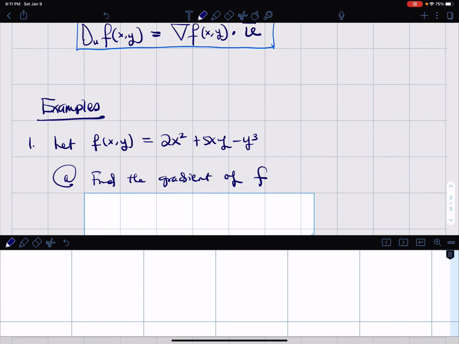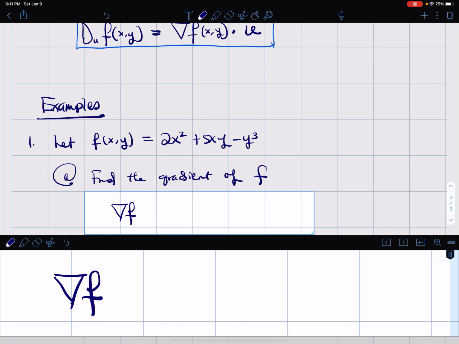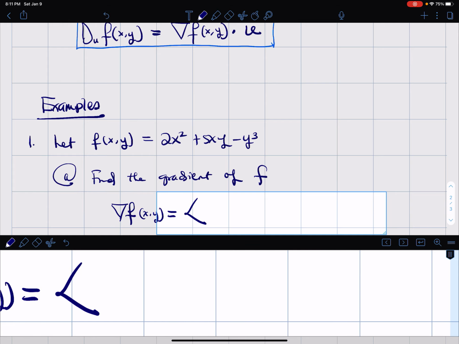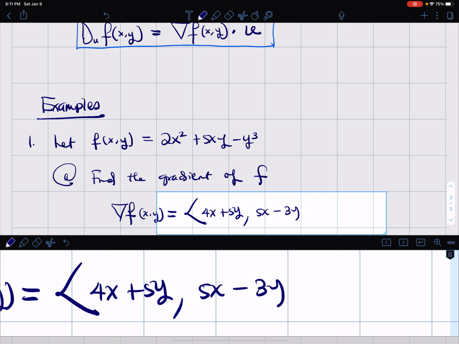The gradient of f is the vector whose first component is the partial derivative with respect to x, which is 4x + 5y, and its second component is the partial derivative with respect to y, 5x − 3y².